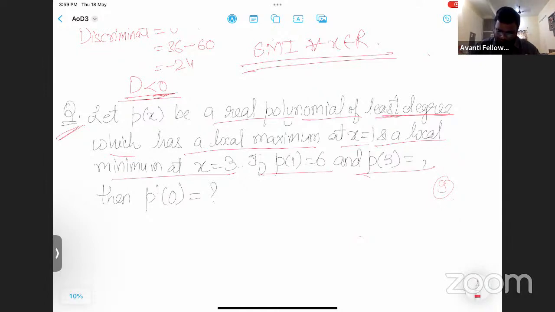Okay, I missed this value. Give me a second, I'll just check.